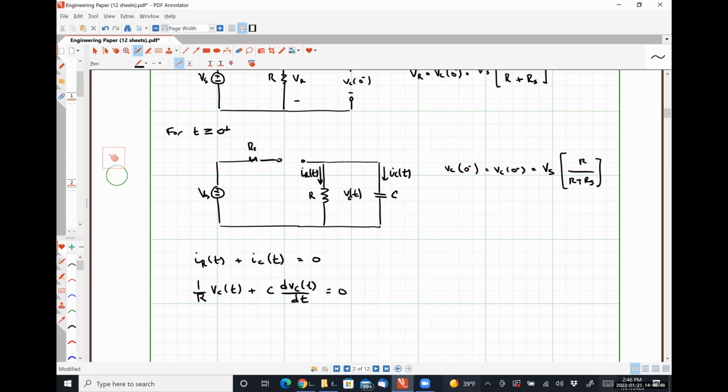And we have a homogeneous first order differential equation, just like we had with our RL or inductor resistor circuit.